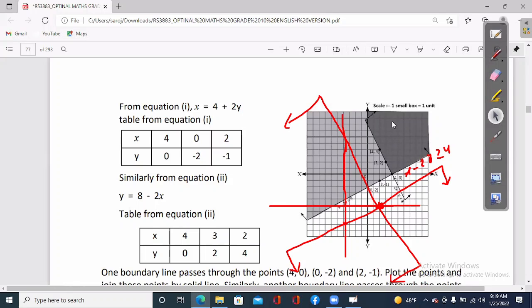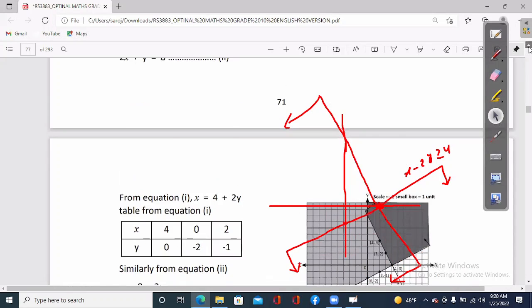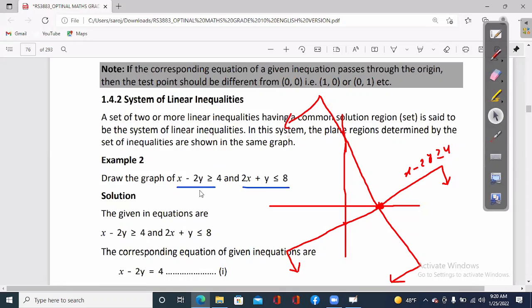And you can see there is a common shaded part, which is the solution for the given inequalities. But I made a mistake. The first inequality means x minus 2y, yes. And the origin while testing, it will be false, yeah. Okay, it is correct.